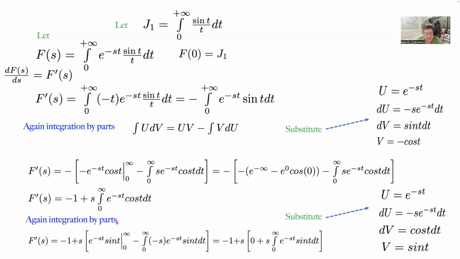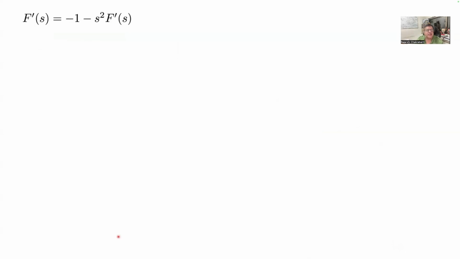And again, the surface term in this case, since it is sine t times exponential of minus st, is 0. And eventually you have this expression for f prime s. Remember that f prime s is nothing but this integral, which we have defined just a few minutes back. So when you do the algebra, your f prime s becomes minus 1 over 1 plus s squared.